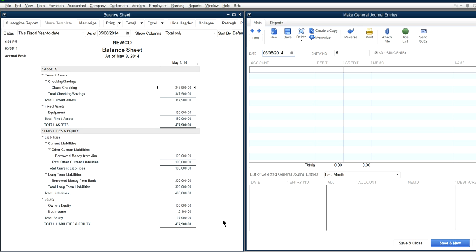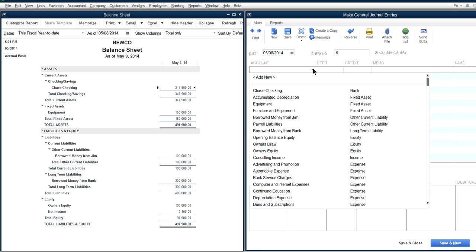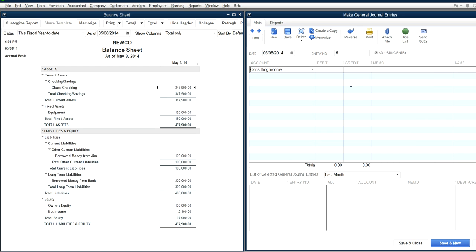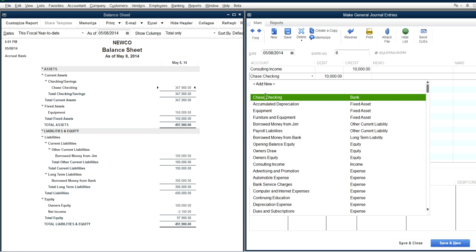Okay, so now the next step is what happens. You generate some income. Let's say you did some consulting and brought some business, and your income here, consulting income, is $10,000, and you put that money in your Chase bank account.